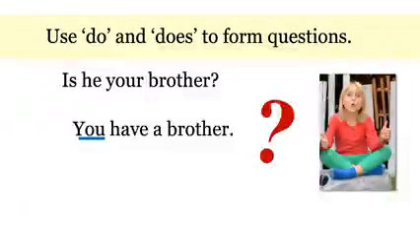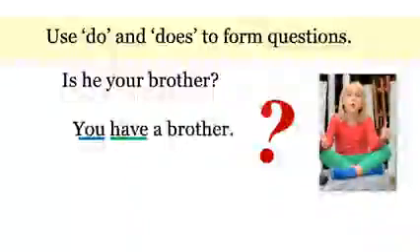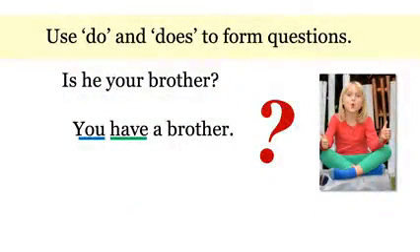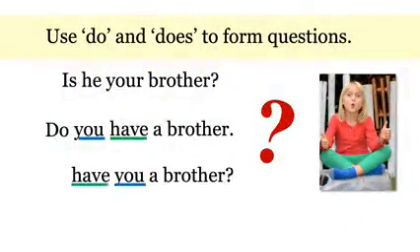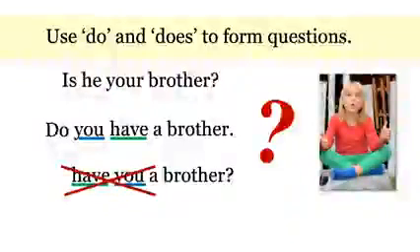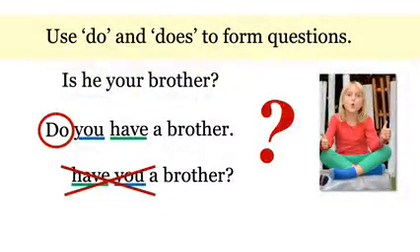Here's the subject, you, and here is the verb, have. To form the question, we just add the word do in front. Do you have a brother? We don't reverse the order like we do with be, yes, and no questions. This is incorrect. We need do. Do you have a brother?